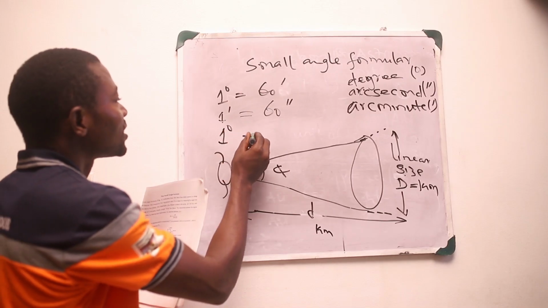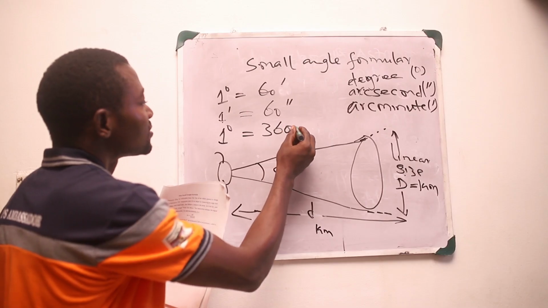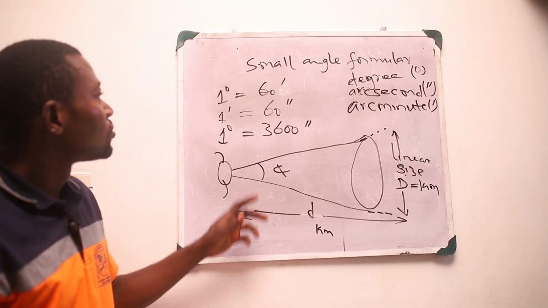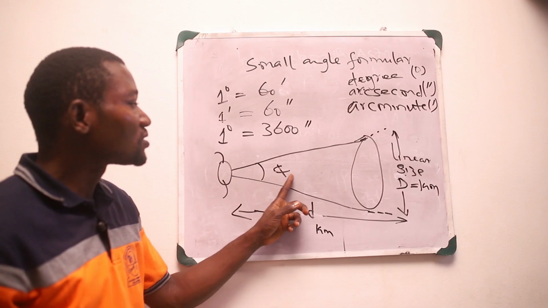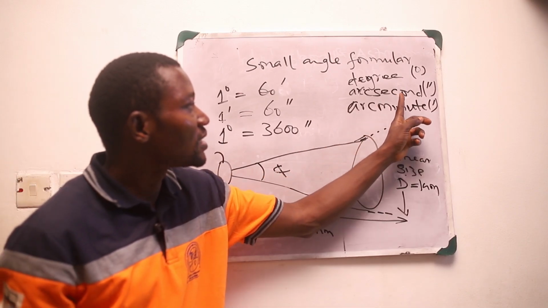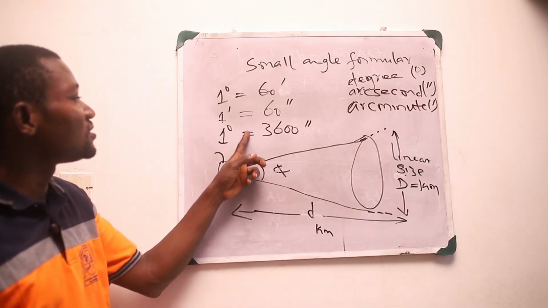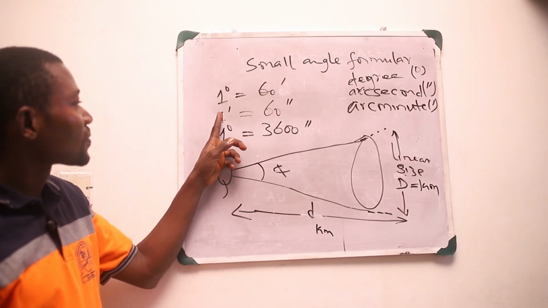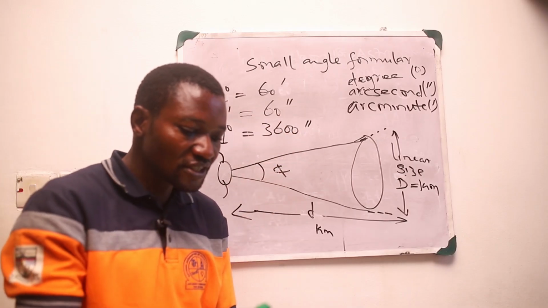By that, we have that 1 degree is equal to 3,600 arc seconds, 60 by 60. Like we say, for the angle at which an object is viewed, for a smaller angle we use arc minutes and arc seconds, but for a larger one we use degrees, and this is the conversion factor from degree to arc minute to arc seconds.